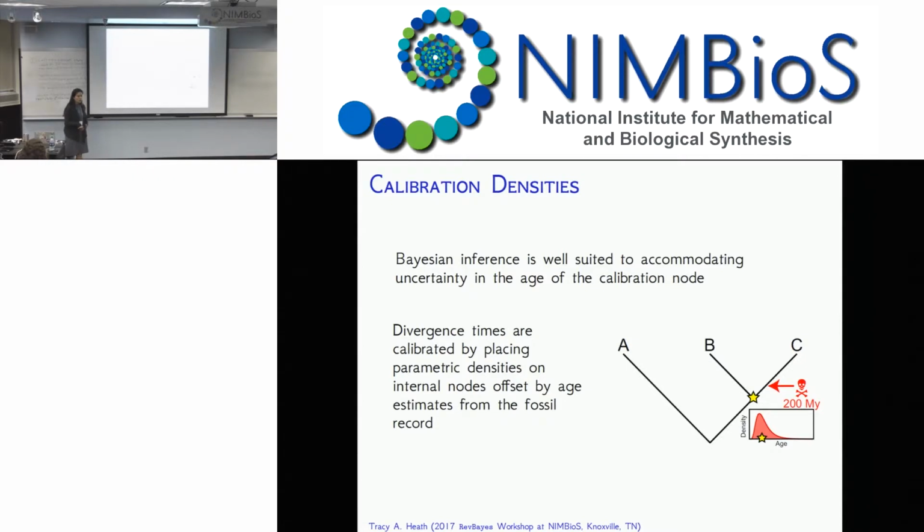So in the tutorial that you just did, you applied this type of prior on the root of your tree, right? We had this caniform data set where we have bears and an outgroup, which is a gray wolf. And so we have a canid fossil in that example.